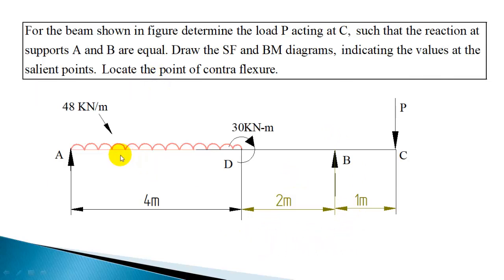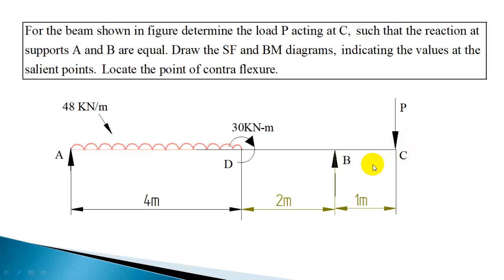This beam has to be in equilibrium under the action of these applied loads and reactions. So you can take moment summation with respect to any point on the beam and equate that moment summation to 0. Here there are three unknowns, but since it is given RA is equal to RB, this reduces to two unknowns: RA equal to RB is only one unknown, and the unknown load.